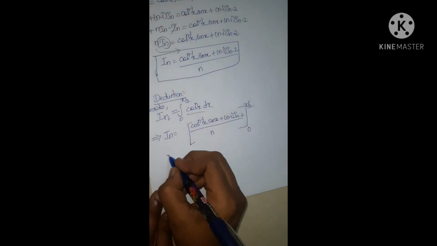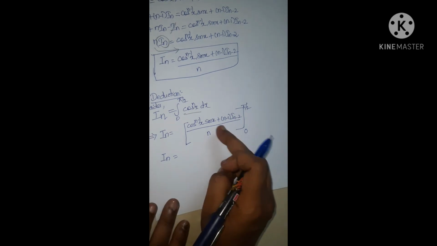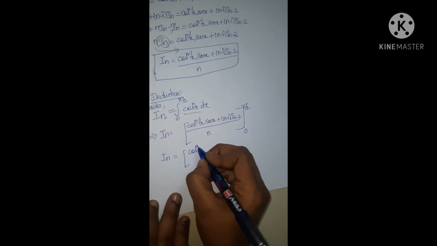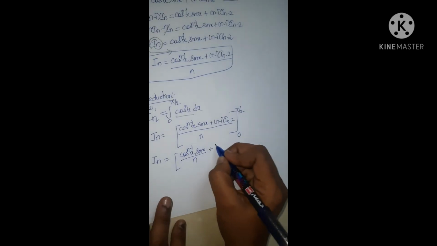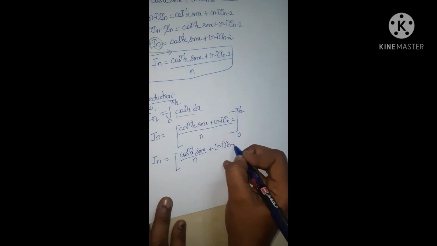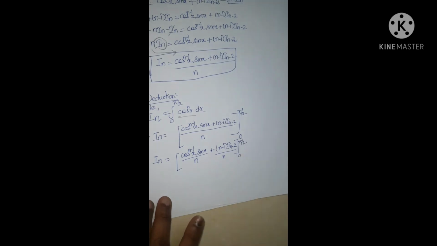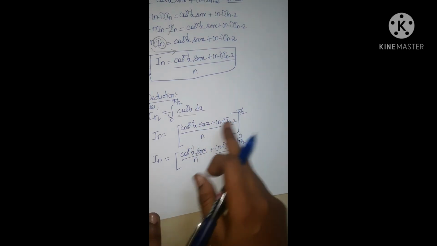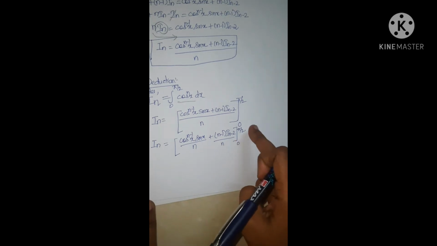So what could be the next step? In is equal to, because the denominator is single, we can separate the numerator as cos^(n-1)x sin x by n plus (n minus 1) I(n minus 2) by n, for the limit 0 to pi by 2. Why do we do so? Because the denominator is a single term, we are able to separate the numerator. After separating, we have to take care in applying the limit.